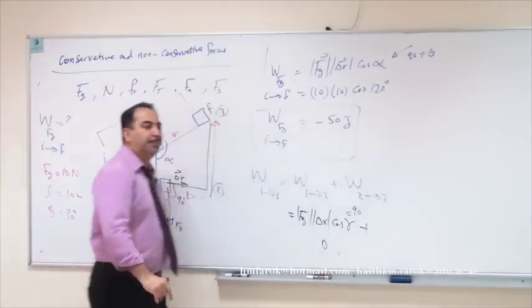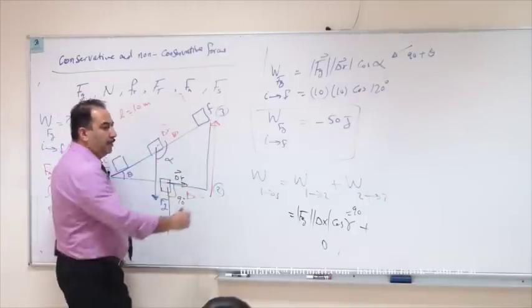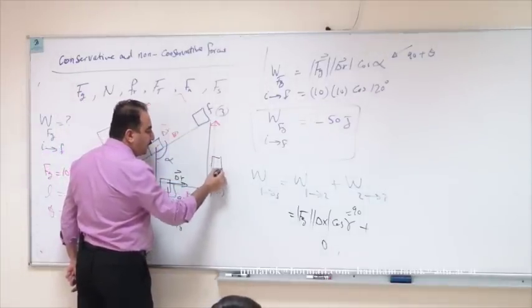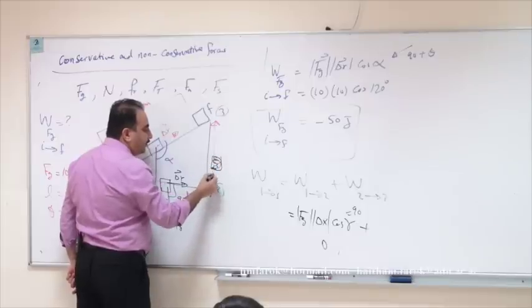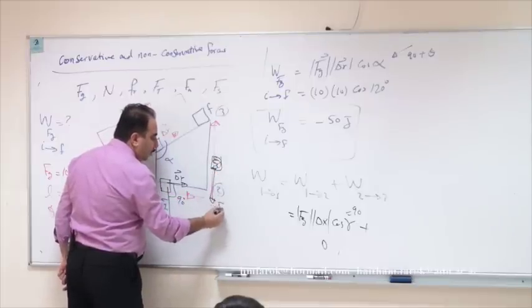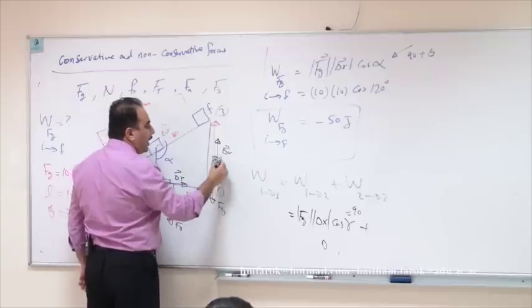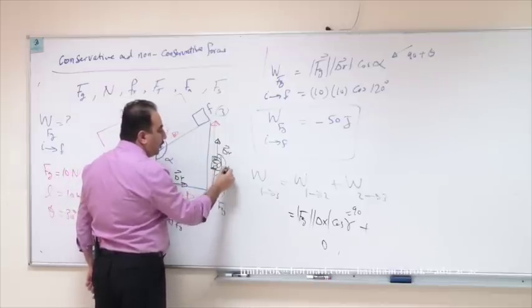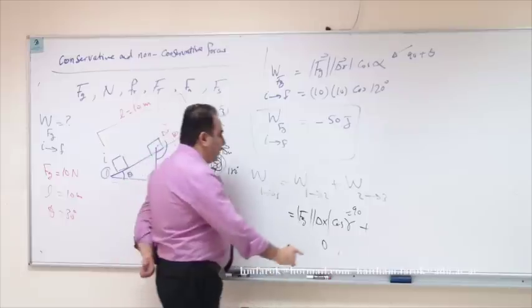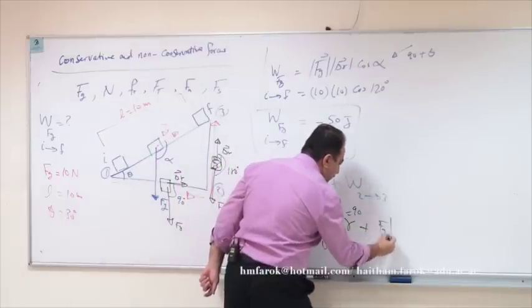Now 2 to 3. Now 2 to 3, if I draw the mass here, somewhere in the middle. Where is FG? Which way are you going? What's the angle between them? 180. So here I have FG.